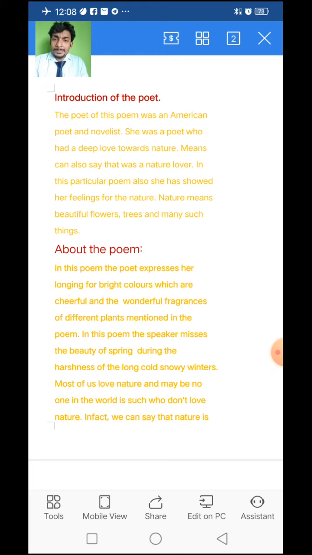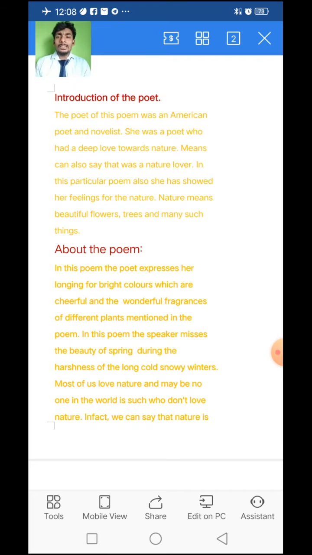Now, in this poem, the speaker misses the beauty of spring during the harshness of the long, cold, snowy winters. Again, I told you that the only thing the poet misses is the beauty of the spring season during the harshness of the cold weather, the winter season.